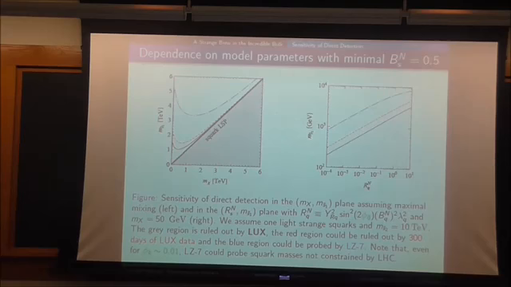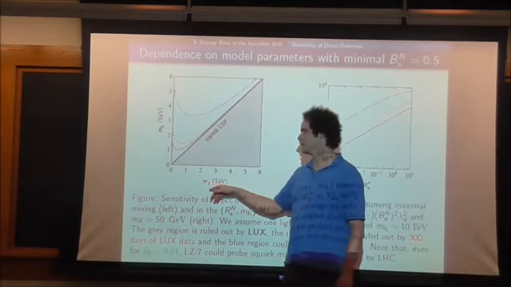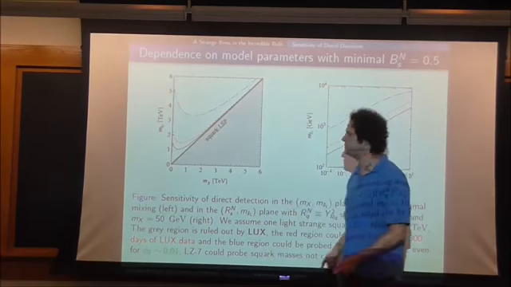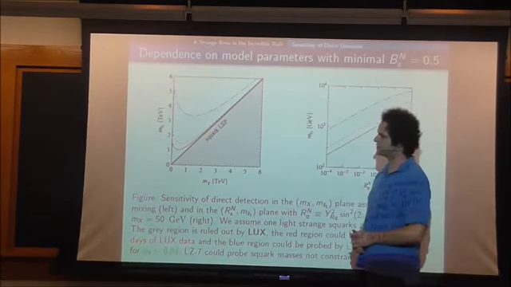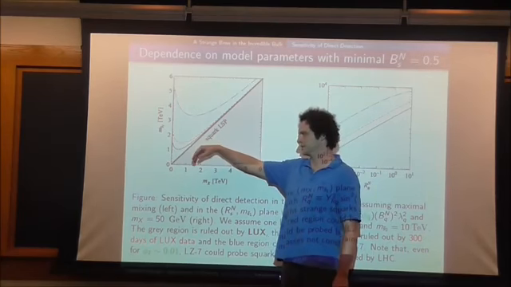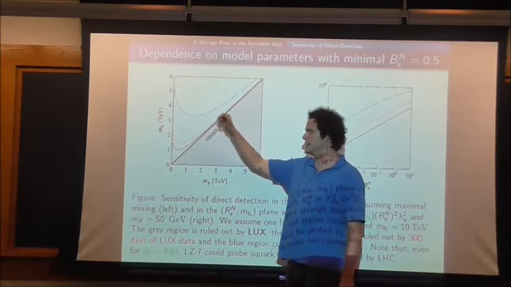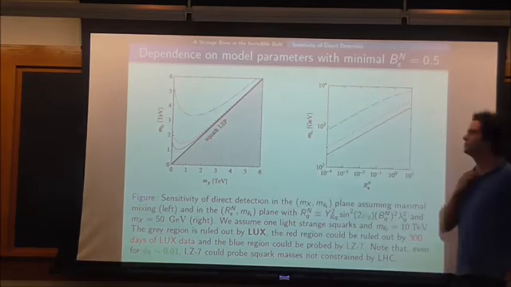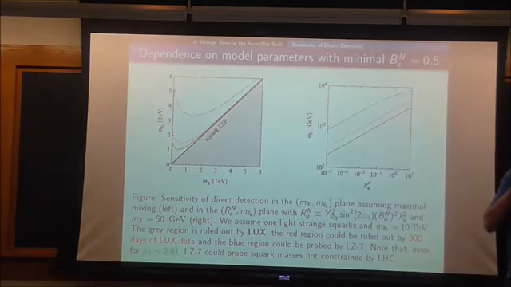So if we look at dependence on some parameters and leave a small strangeness content, we look at this plot in the dark matter mass light squark plane. The gray region is ruled out by LHC already. The red region is projected 300 days of LHC data. And blue is projected LZ.